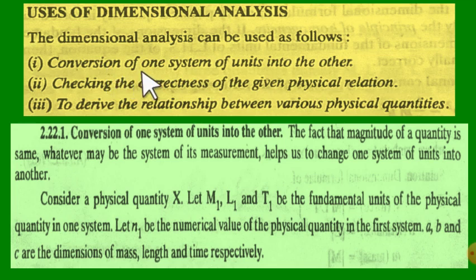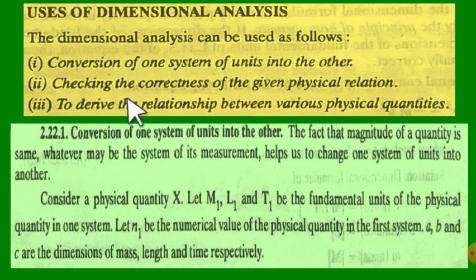That means the SI unit of force is Newton. If you want to convert this 1 Newton into the CGS unit of force, that means dyne, then it can be used. We know that 1 Newton is equal to 10 to the power 5 dyne. So those conversions can be done by using this dimensional analysis.